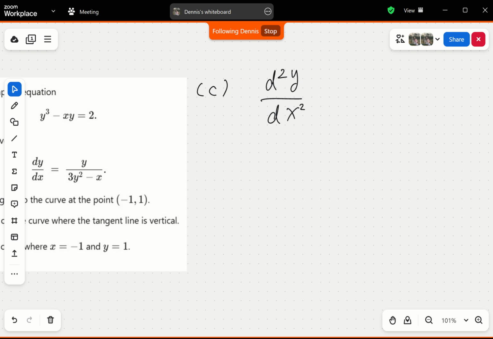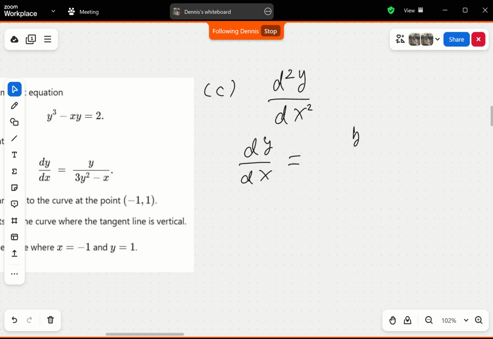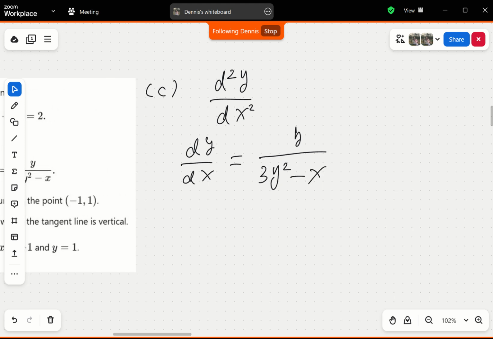And we have dy/dx, which is given by the problem as y / (3y^2 - x). So you can directly apply the quotient rule.